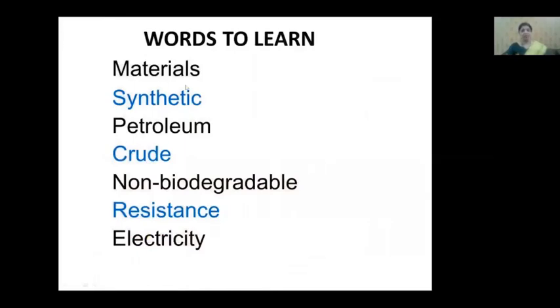Materials. M-A-T-E-R-I-A-L-S. Materials. Synthetic. S-Y-N-T-H-E-T-I-C. Synthetic. Petroleum. P-E-T-R-O-L-E-U-M. Petroleum. Crude. C-R-U-D-E. Crude. Non-biodegradable. N-O-N.